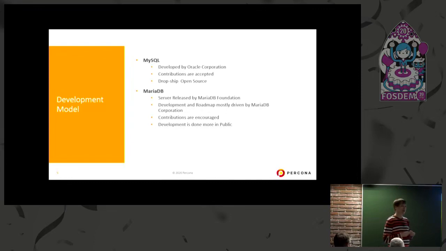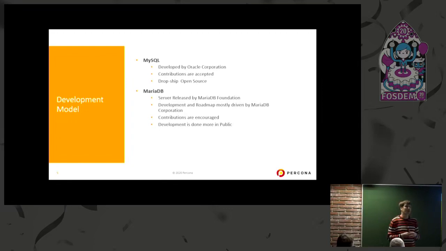There have been a number of things, both small and large, which have been accepted and included in recent MySQL releases. Oracle also follows what I would call a dropship open source model. So it's not like all the small patches and every commit are immediately visible on GitHub, but when Oracle releases a new release, the source magically appears.